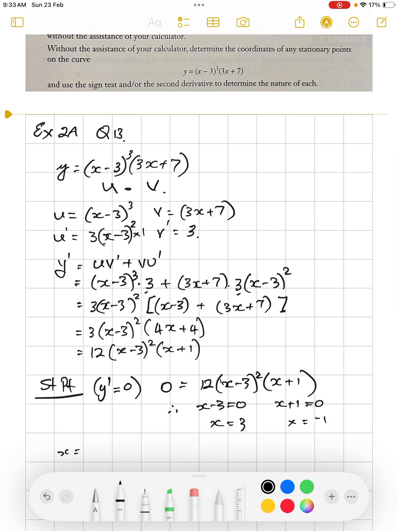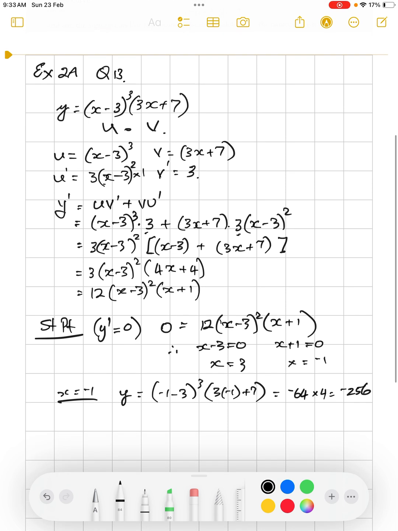So when x is, say, −1, substitute that into our y value. So −1 take 3 cubed, and 3 times −1 plus 7. So it's (−4) cubed, which is 4 4s are 16, 4 16s are 64. And −3 + 7 is 4. So we've got −256. So that's the coordinate, (−1, −256).